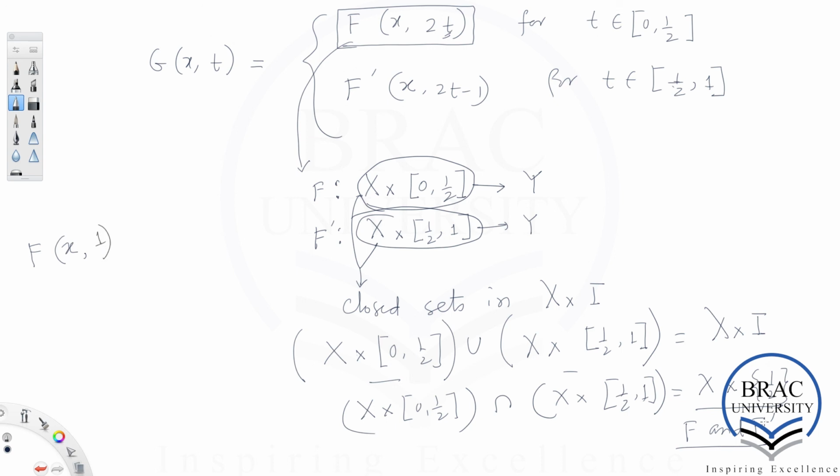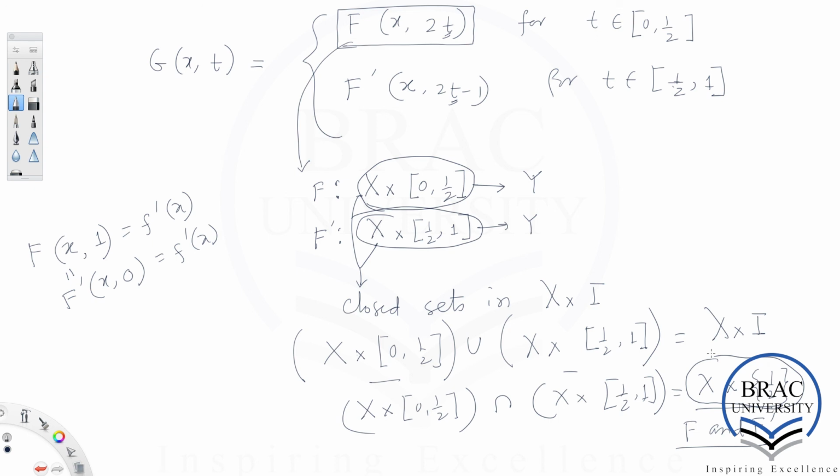And you plug in 1/2 here to get f prime of x comma 0, right? 2 times 1/2 minus 1 is 0. And we know that f of x comma 1 is f prime of x, and we know that f prime at x comma 0 is also f prime of x, so that they are equal, which means that these two functions f and f prime agree on the intersection as well.